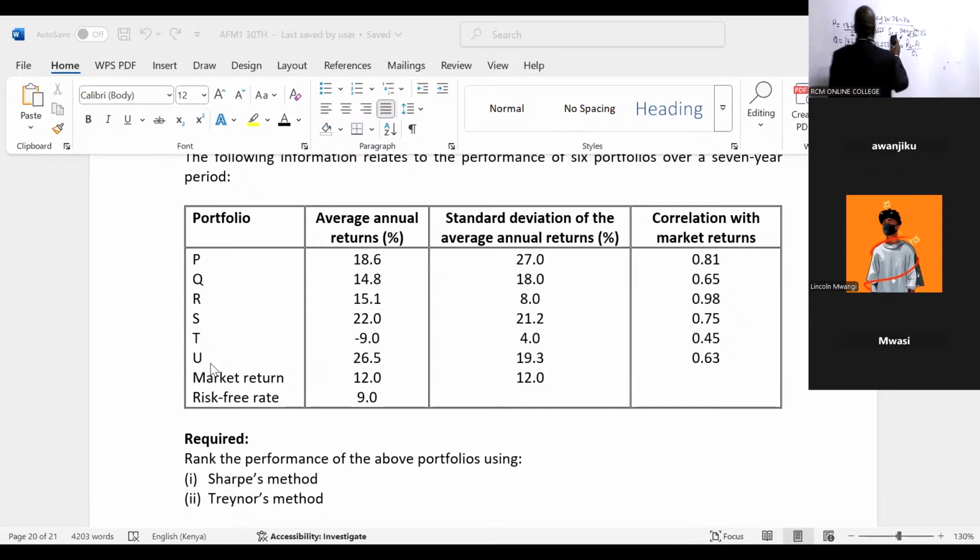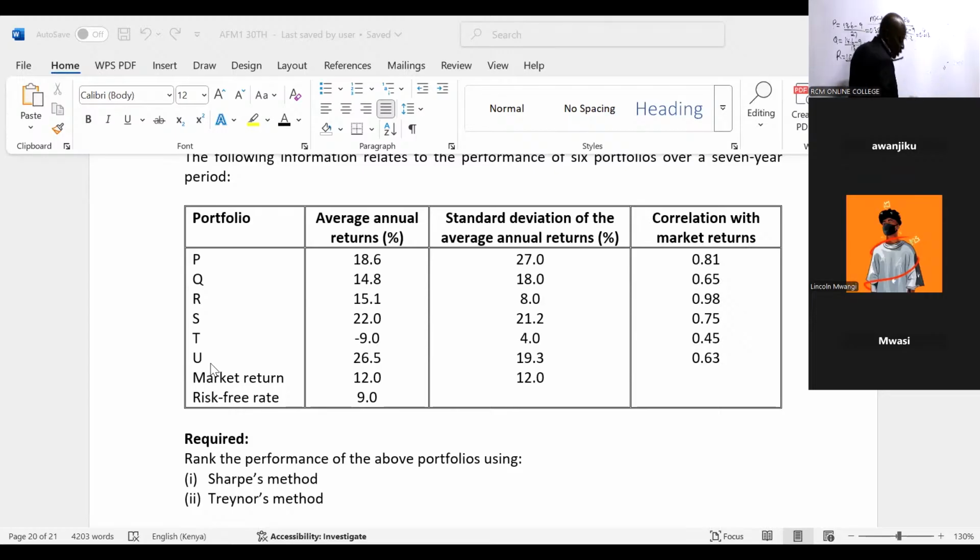After R, we have S. So S, I'm able to see the return of S, ladies and gentlemen, is 22, minus risk-free, which is 9, to get the premium, divided by the standard deviation of S, which is 21.2. Which then ended up giving you what figure? 0.613.